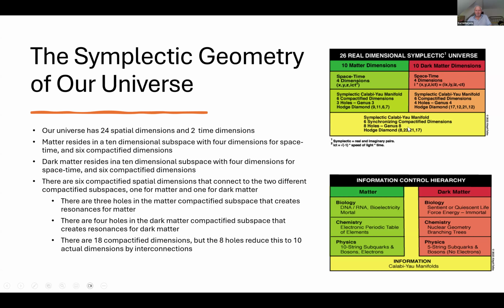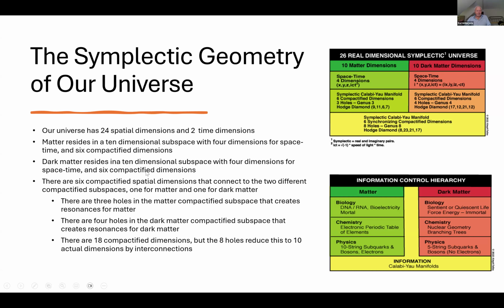Well, if there's 8 holes and there's 18 dimensions here, 3 times 6 is 18, then there's really only 10 dimensions here that make this up, and that matches what the mystics, the Kabbalists, saw in the Tree of Life: 10 Sephiroth, 10 actual planes that make up the universe.